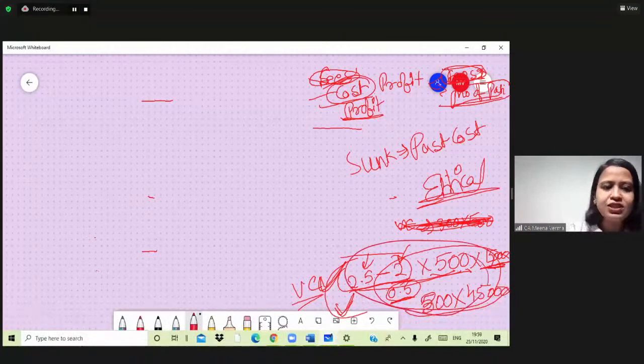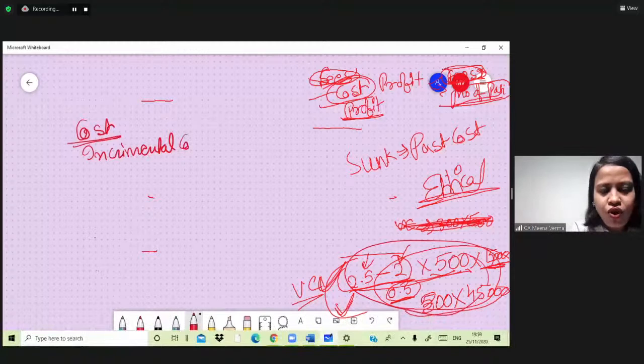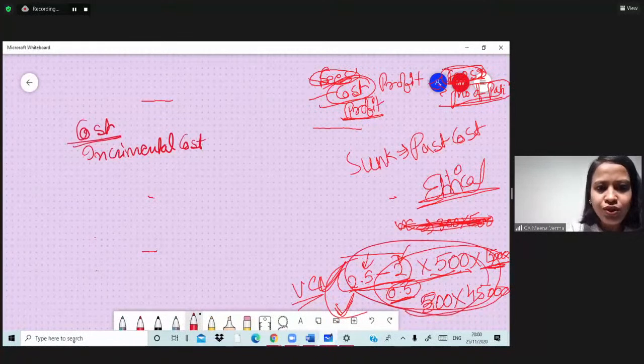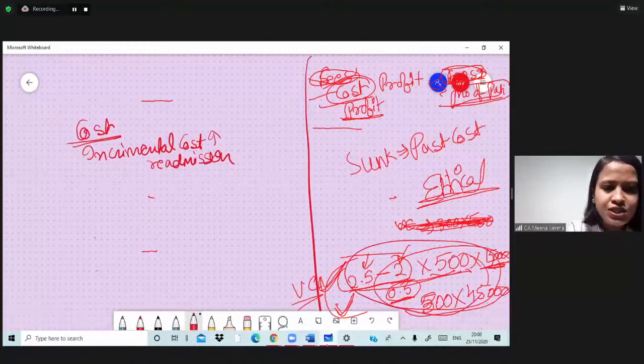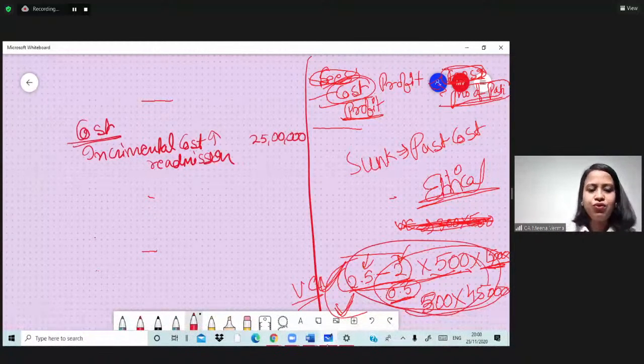In order to implement this, the incremental cost incurred by the company due to increased readmission will be 25 lakh.